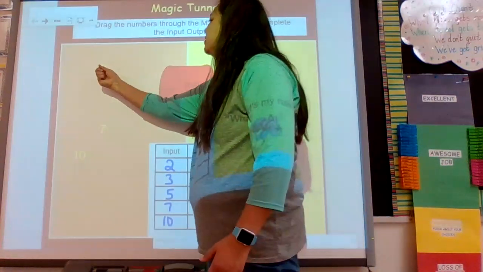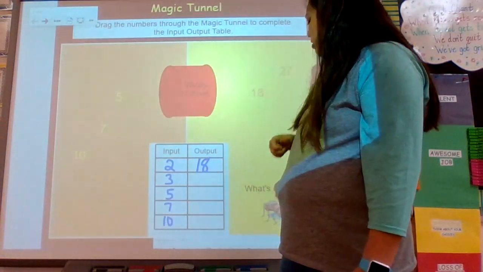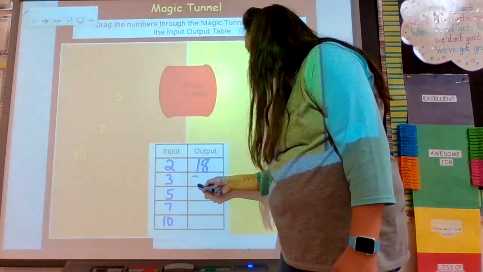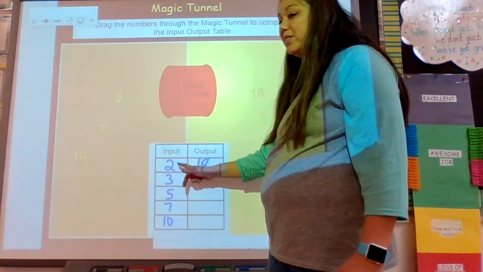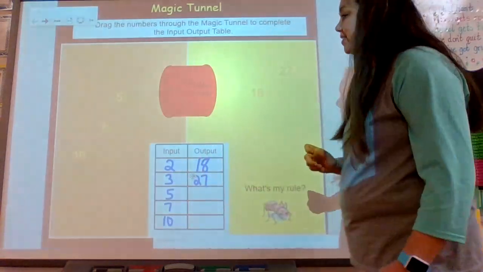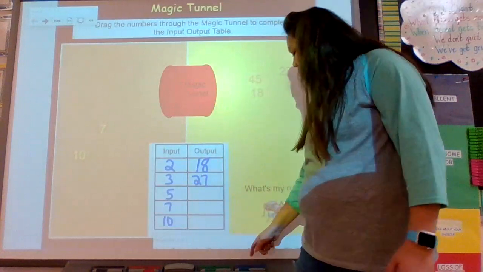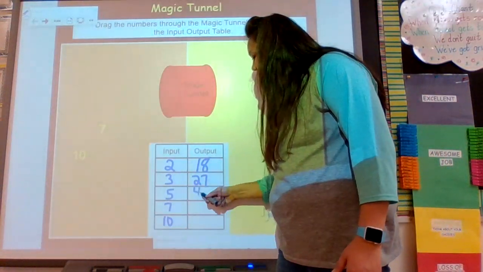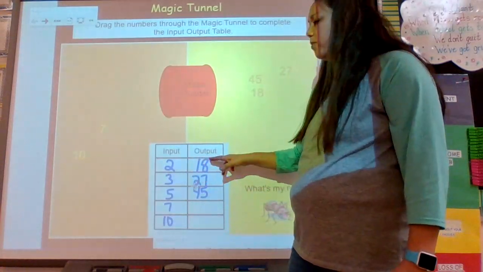So how fun is this lesson here? If 3 goes in, 27 comes out. Some of you are already seeing something small comes in, something big comes out. If 5 goes in, 45 comes out. Are we multiplying?